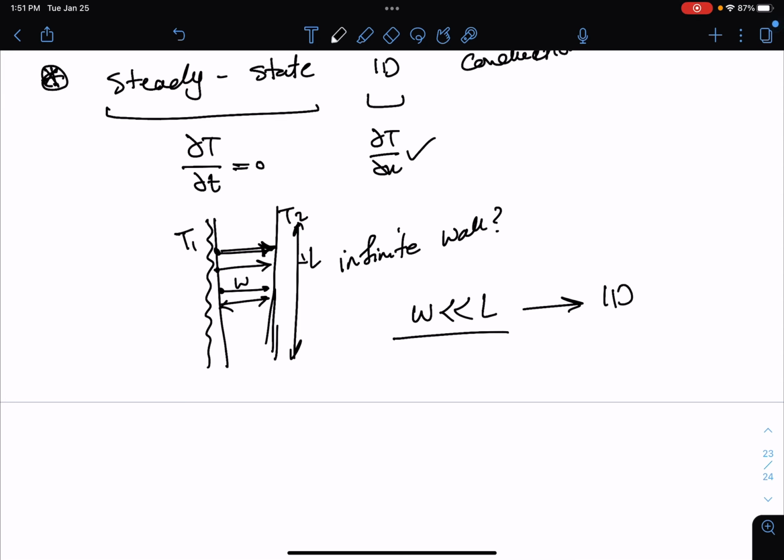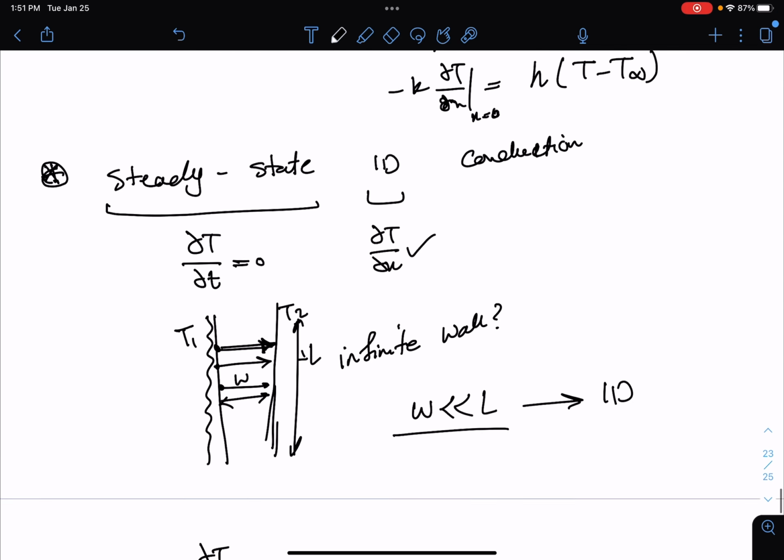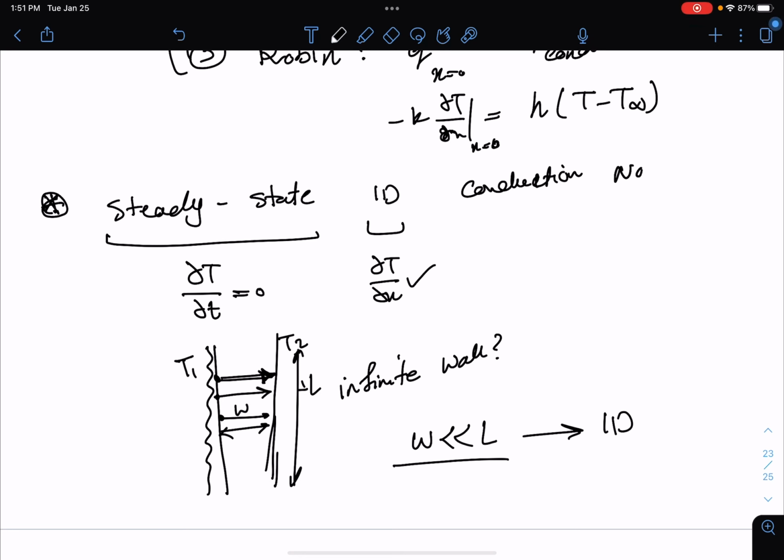So let's rewrite the energy equation. Rho Cp partial T partial t, and there is no heat generation. That's actually the very important part of it. There is no heat generation in this part of our analysis.